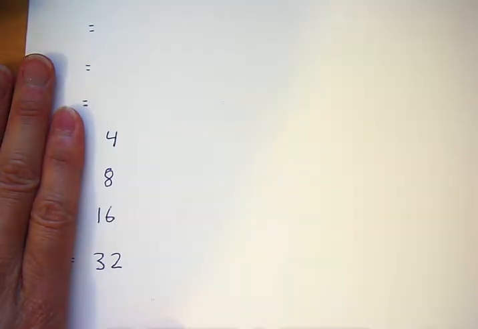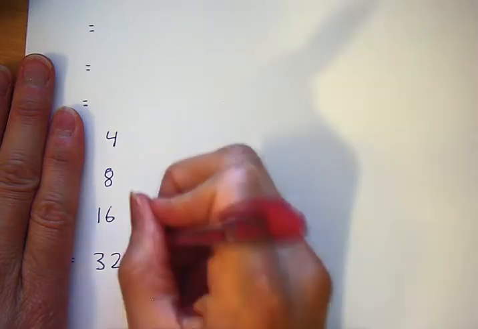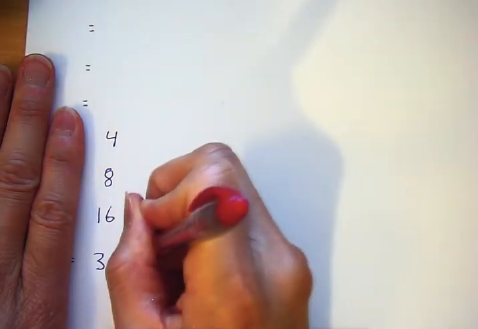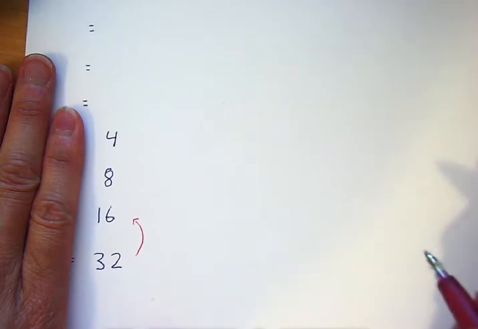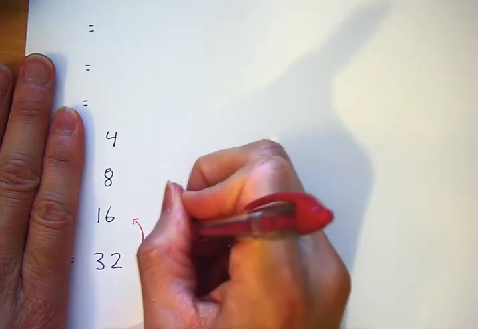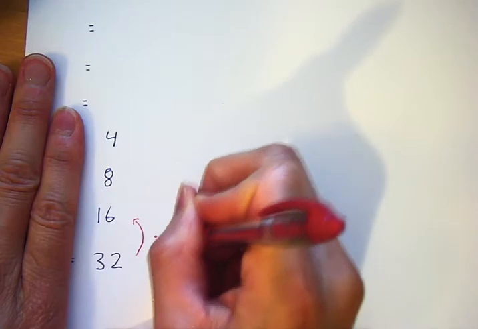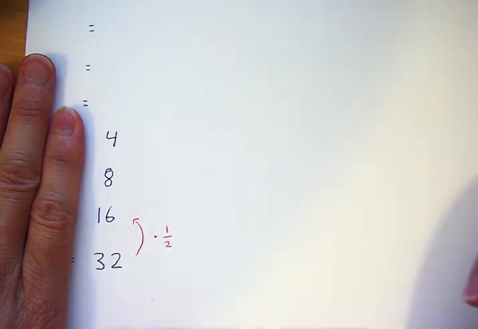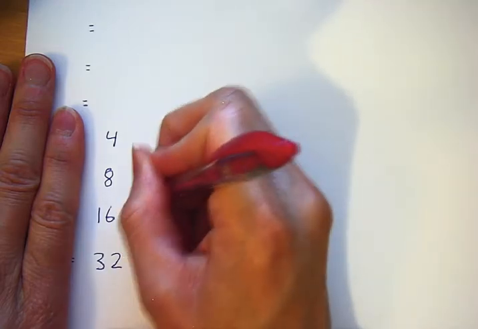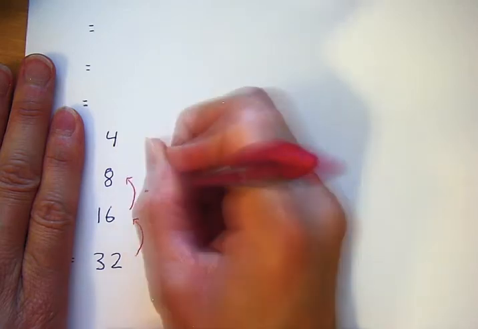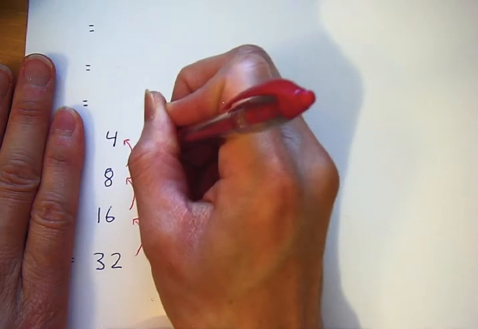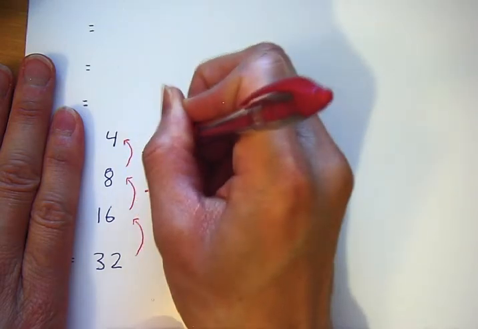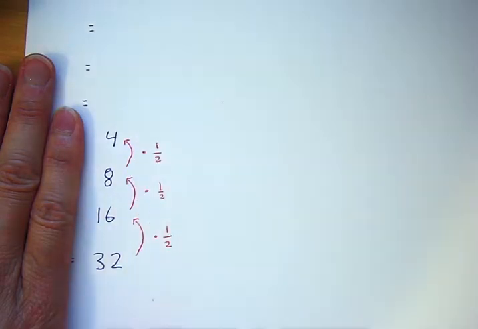Well, as you can tell, going from 32 to 16, that's the same as multiplying times 1/2. Multiplying times 1/2. Multiplying times 1/2. For some of you, you can think of it as dividing by 2, if you'd like.